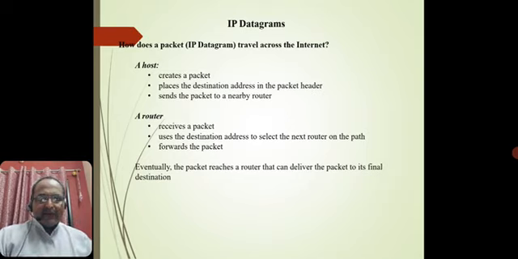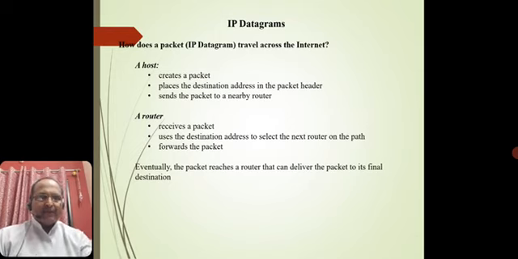Eventually the packet reaches a router that can deliver the packet to its final destination. This is how a simple carry and forward, address and forward, and accountability of a forwarded message can be recorded at the host side, as well as in the packet in which the address is being stored, right?